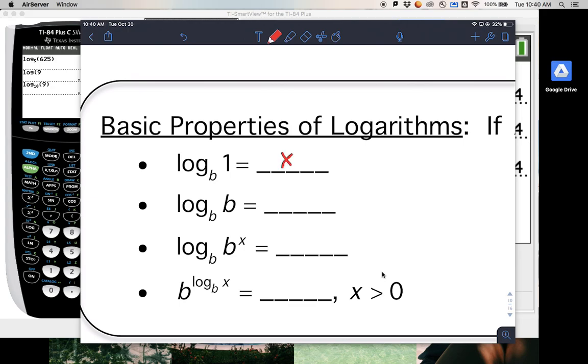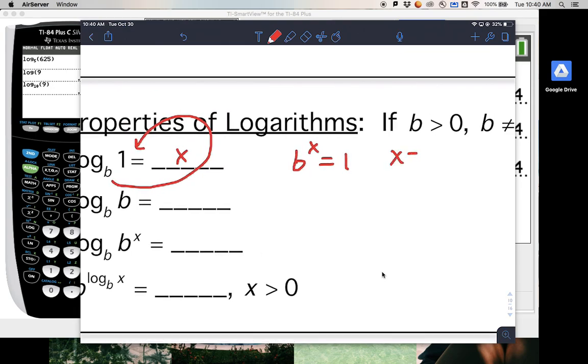So I'm going to call this x for just a second, or whatever variable you want to call it. If I switch forms, I'm going to write this as b raised to x equals 1. So b can be any number you want. If I take a number, raise it to something, and get 1, the only number that would work is if the exponent was 0.